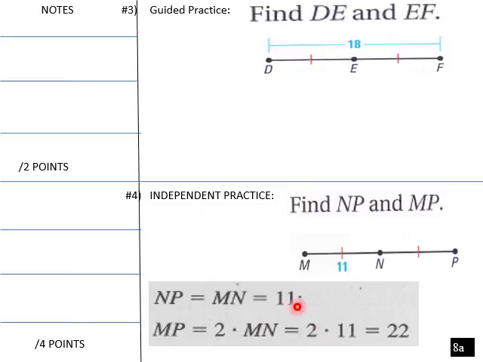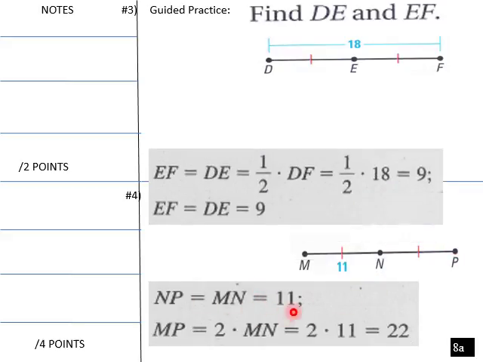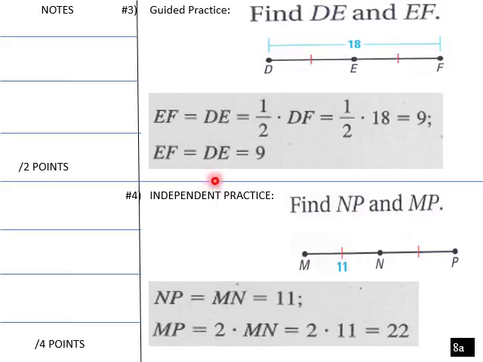I go ahead and throw this in to show you what a solution PowerPoint does. So we come up with MP equals 22, this full length, and then NP equals 11. And then up here, EF equals DE, which equals 9. These two segments here are congruent. And then E is the midpoint.